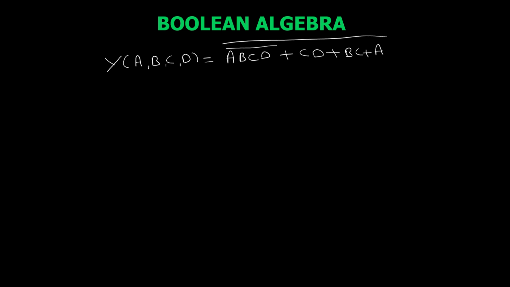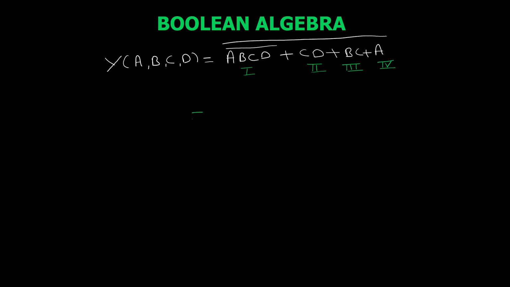This is given to you. You have to solve it. So whole complement is there. Assume this is the first term, this is the second term, third term, and this is the fourth one.